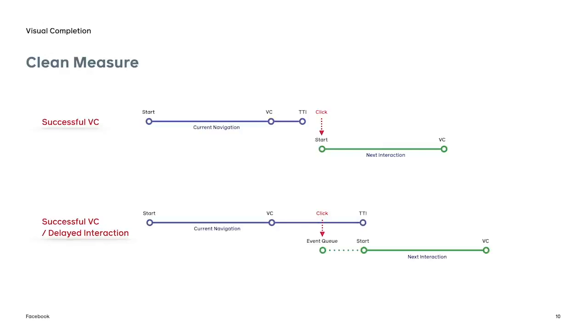The second case is still a successful visual completion for fast navigation, because the user will still feel the initial load was completed on time. But if the website is using server-side rendering architecture with some lazy hydration, or the browser is very busy with a long task, which delays time to interactive, it is possible that the user can click on a particular element, but the event will be queued until the real event handler is ready.